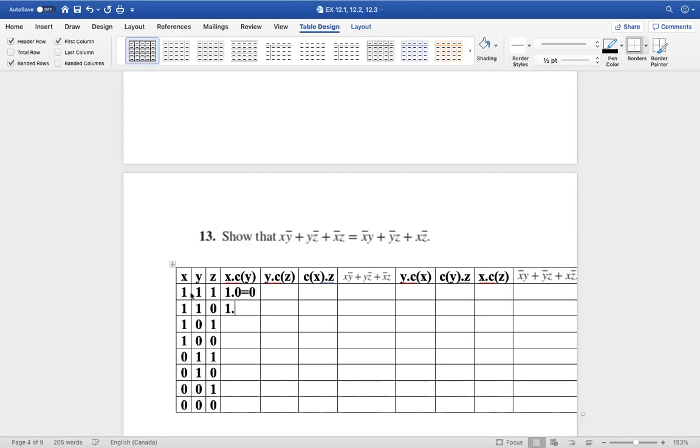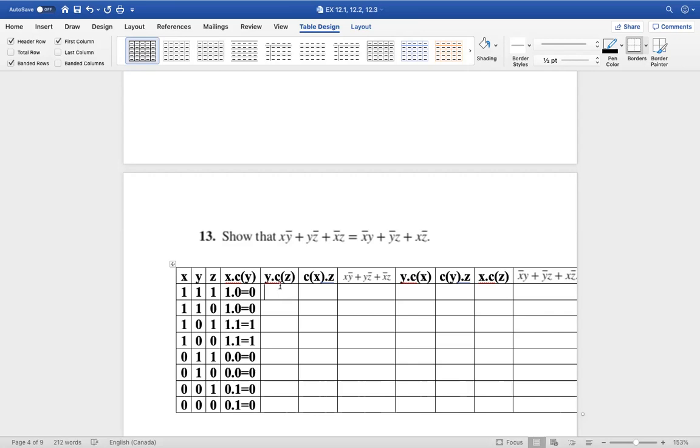Okay. 1 dot 1 equals to 1, sorry, 1 dot 0, because it's y complement. 1 dot 0 equals to 0, 1 dot 1 equals to 1, 1 dot 1 equals to 1, 0 dot 0 equals to 0, 0 dot 0 equals to 0, 0 dot 1 equals to 0, 0 dot 1 equals to 0. All right, so we have 0 0 1 1, and then the rest 0.